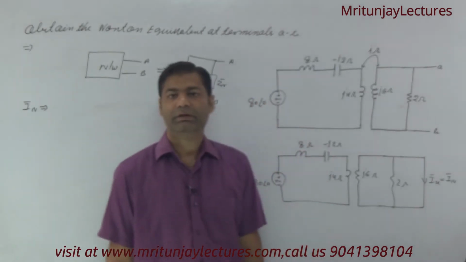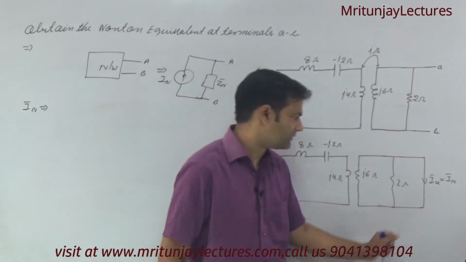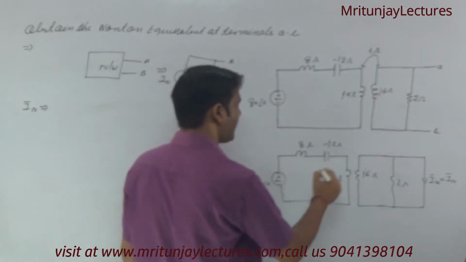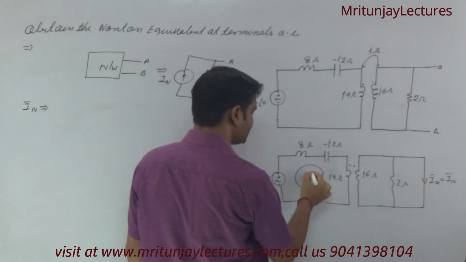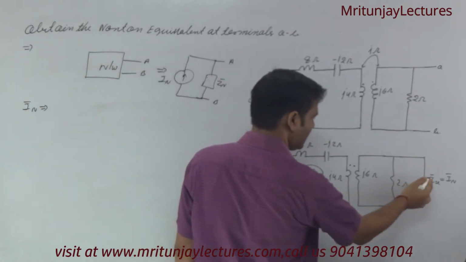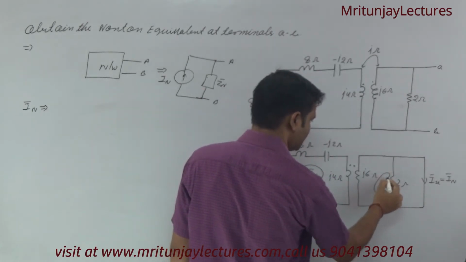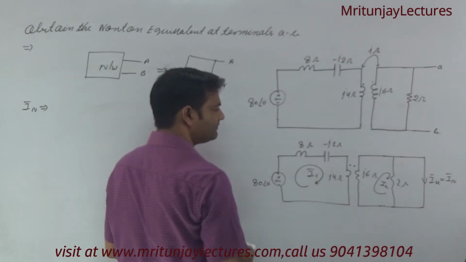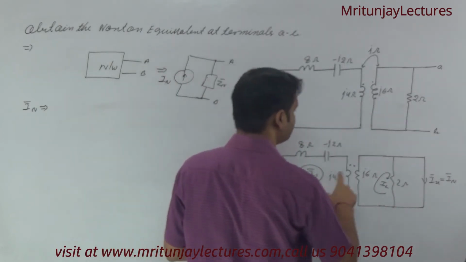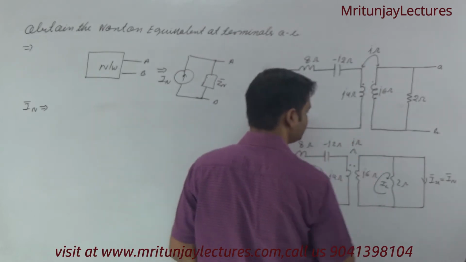First of all, corresponding to the AB terminal, that is short circuited. Let us consider current I1 here, and this one is ISC, which we assume as I2. Clear or not? And that is J ohm, mutual impedance.